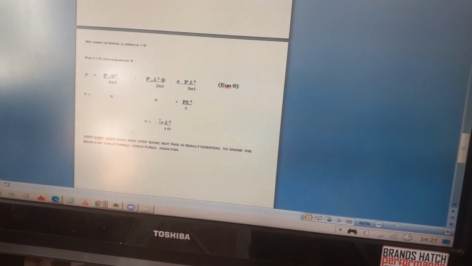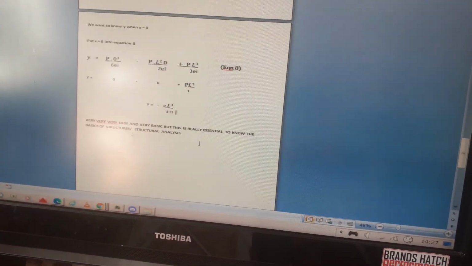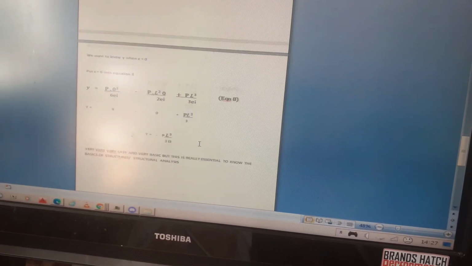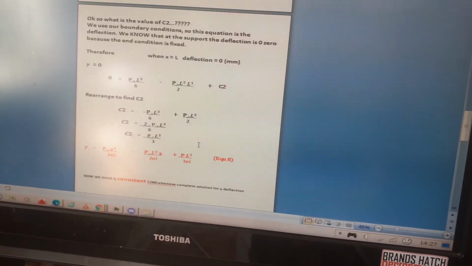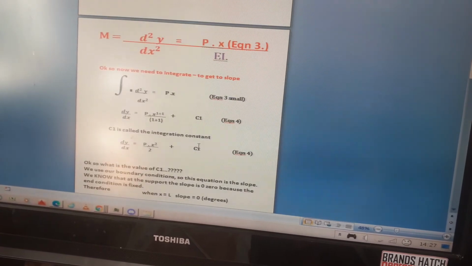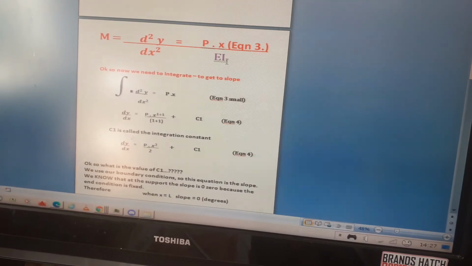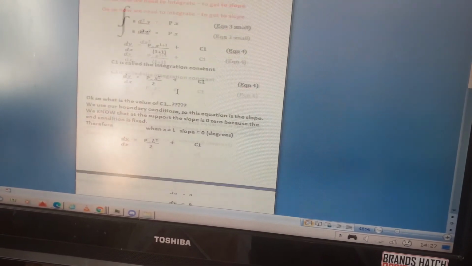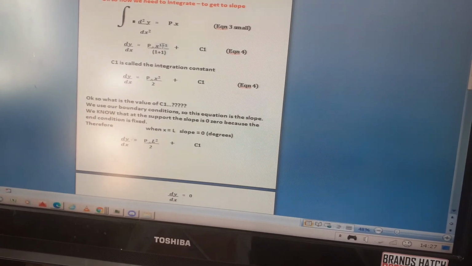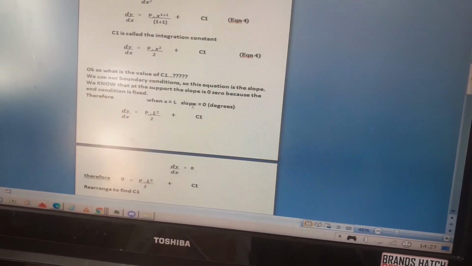Okay, I just need to check the signs, what I've done with the signs, but basically that is the solution to this. So you get PL cubed divided by 3 EI. Let's just check that again quickly. M equals EI d2y over dx2 equals PX, so the slope dy over dx equals PX squared divided by 2 plus C1.